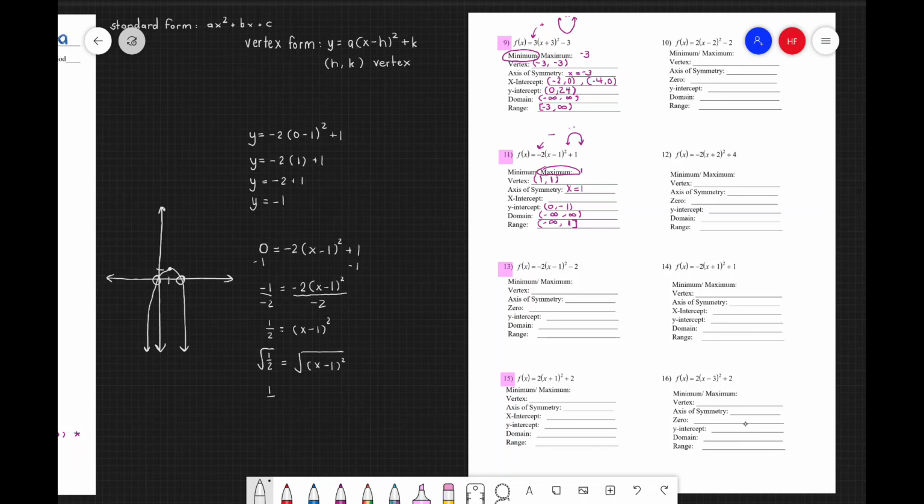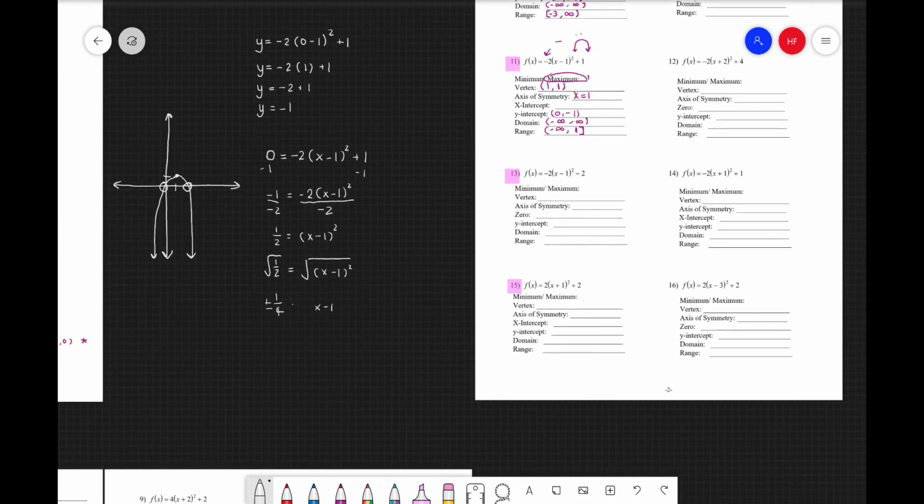We get 1 over 4, x minus 1. Oops, not squared anymore, x minus 1. And so I'm going to say positive 1/4 equals x minus 1, and negative 1/4 equals x minus 1.